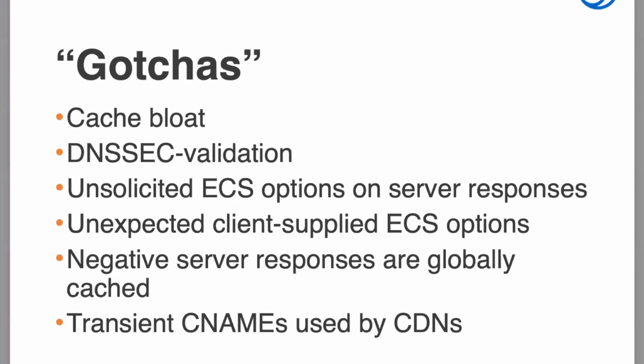And where it falls apart is if the authoritative servers have no idea what to do with a CNAME query, and respond with, well, I don't know, it doesn't exist. Suddenly, you have got a negative response to a CNAME query, and that's going to be cached globally. So suddenly, you lost all of the CNAMEs that you had cached before.